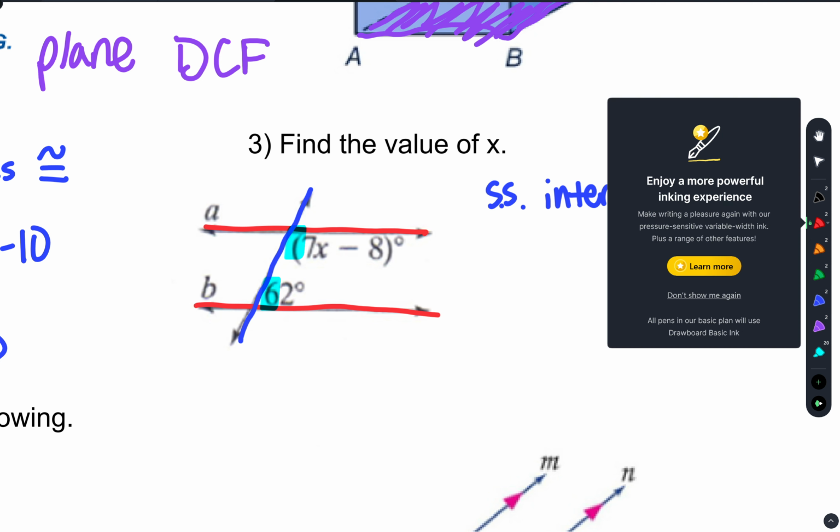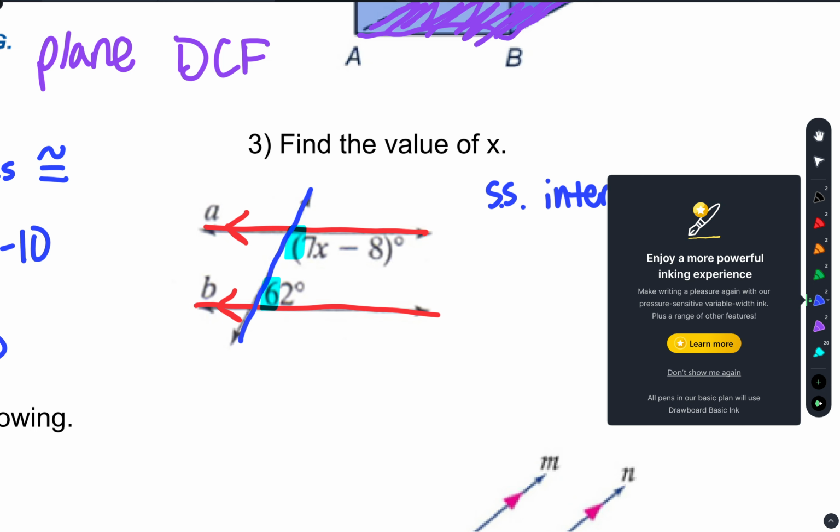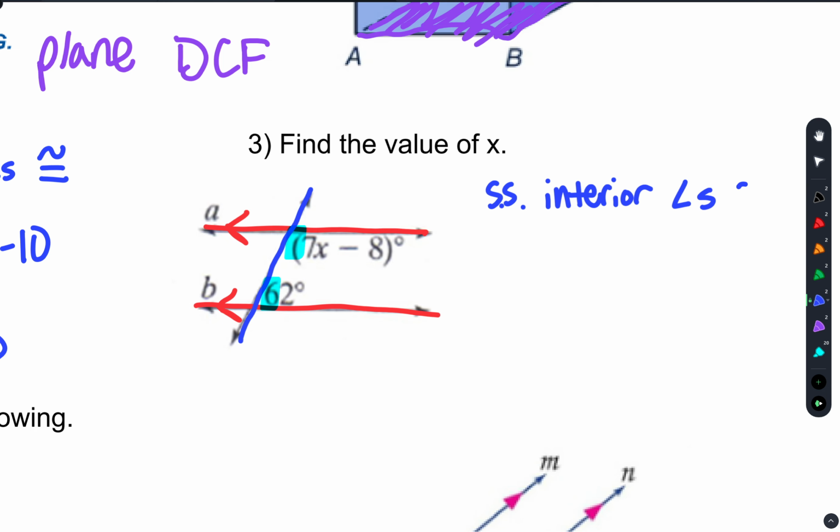However, if I tell you, okay, A and B are parallel, so then we know that they are supplementary, what is the equation that I would set up to find this? Any ideas? How do I set these up in an equation?